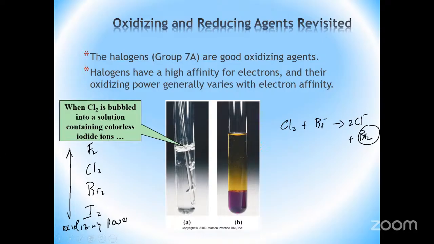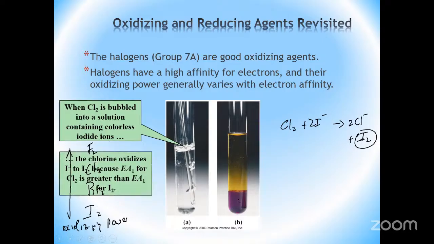I'm sorry, it's iodide. Let me correct that. This is iodide, not bromide. So this is 2I minus, and this is I2. It's iodine that, when dissolved in the carbon tetrachloride here, gives this purple color. So that's just the trend in terms of the oxidizing power of the halogens.